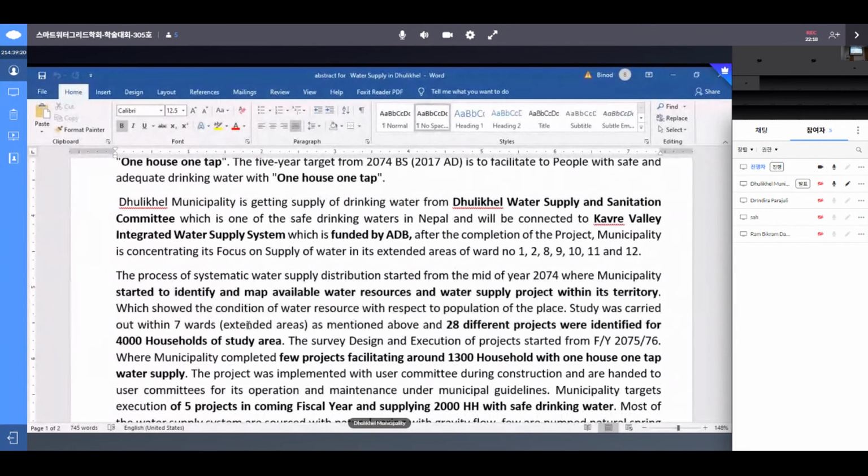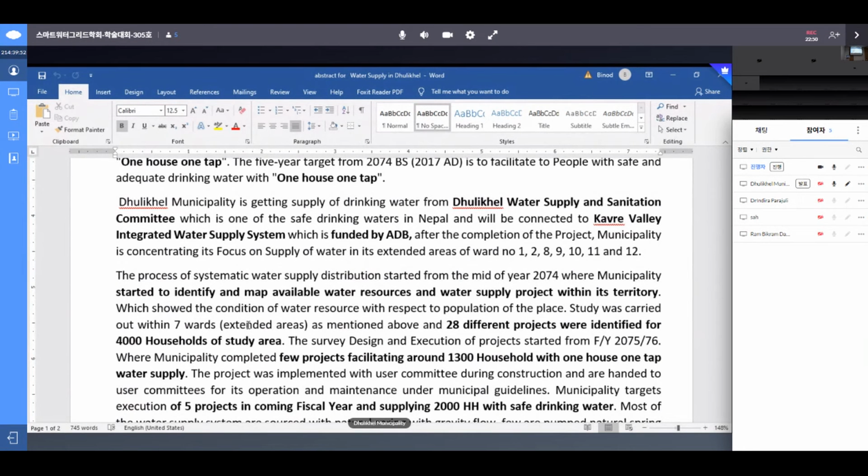The municipality provides water via communities, where the consumers are directly involved in getting water, and they manage the water committee. Now it will be connected to the Kabre Valley integrated water supply system, where the nearby two municipalities, including Dhulikhel, will be facilitated with drinking water.